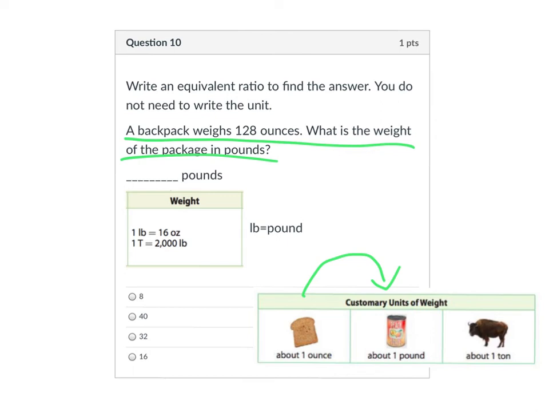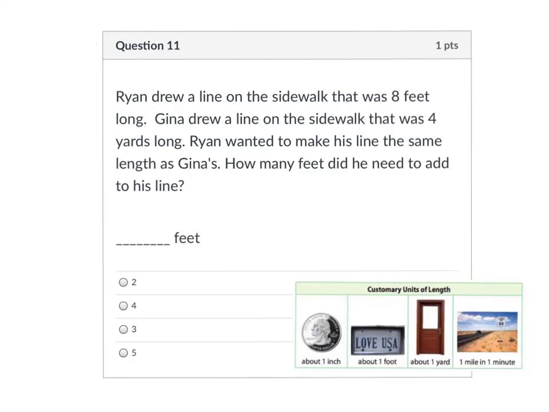So we're going to start with that number we know, 128 ounces. Then we look in our chart and we can see for every 1 pound it takes 16 ounces. So I'm going fly to horse, divide, of course. I'm going to divide by 16. When I divide, I end up with 8 pounds.